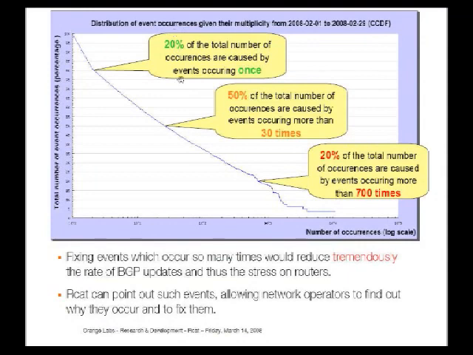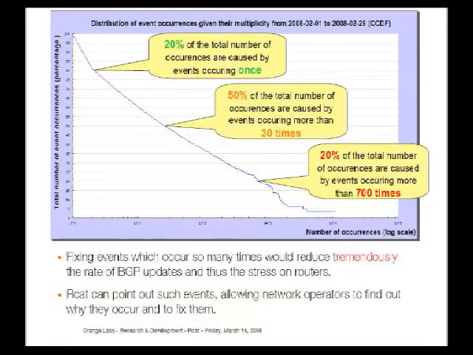On the contrary, you have 50% of the total number of event occurrences which were caused by events occurring more than 30 times in the month. And last but not least, you see that 20% of the total number of event occurrences in the month had been caused by events which have occurred more than 700 times in the month.